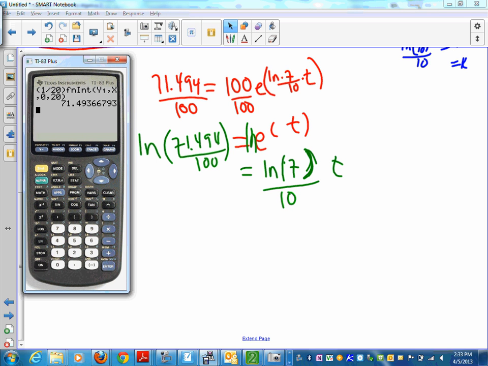We have a natural log of 0.71 divided by 100. Okay. And then we're going to multiply it by 10. And then we're going to take that and divide it by the natural log of 0.7.